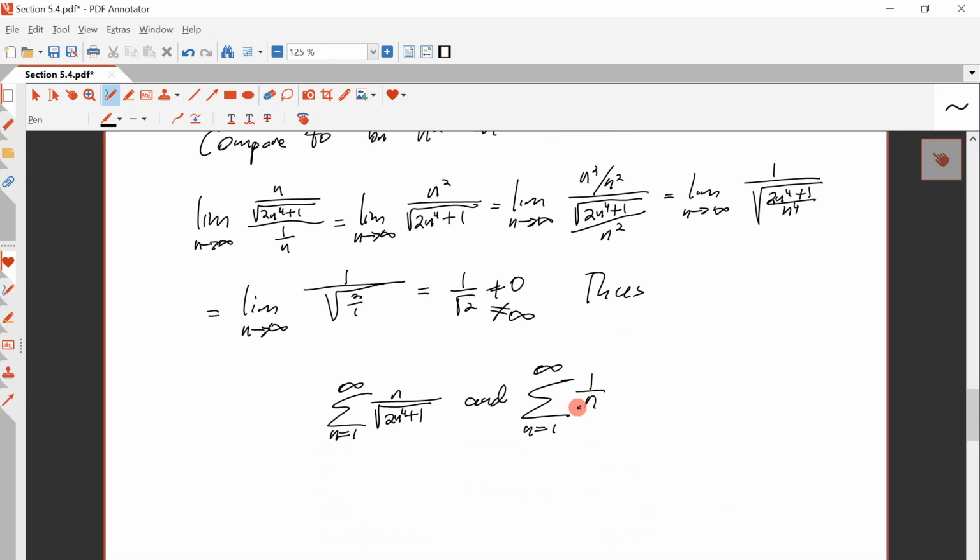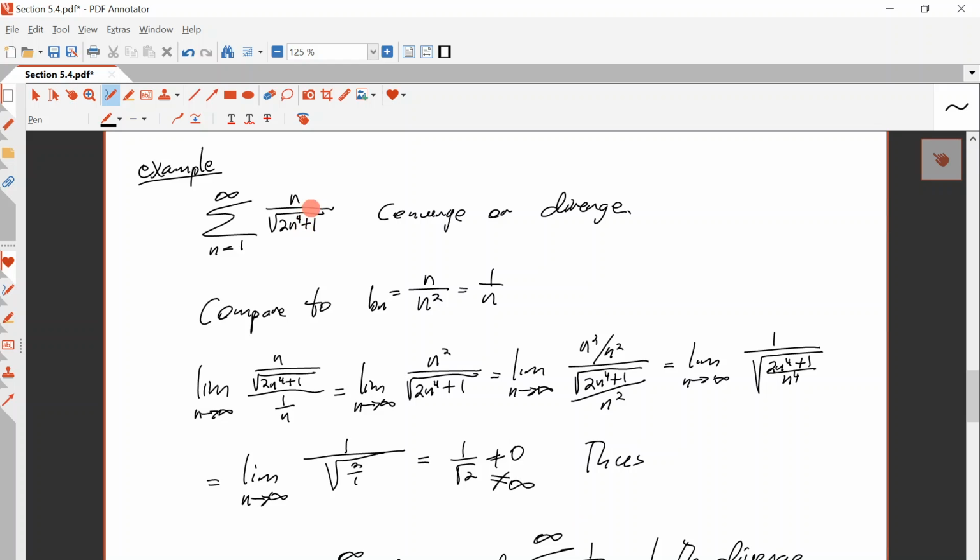Well, we know this one diverges, so they both must diverge. Right? That's the harmonic series. That's the basic example of a series that diverges even though the terms go to 0. And we talked about this one in the section on the integral test, the last section. So these two both converge or both diverge, but this one diverges, so this one diverges as well.